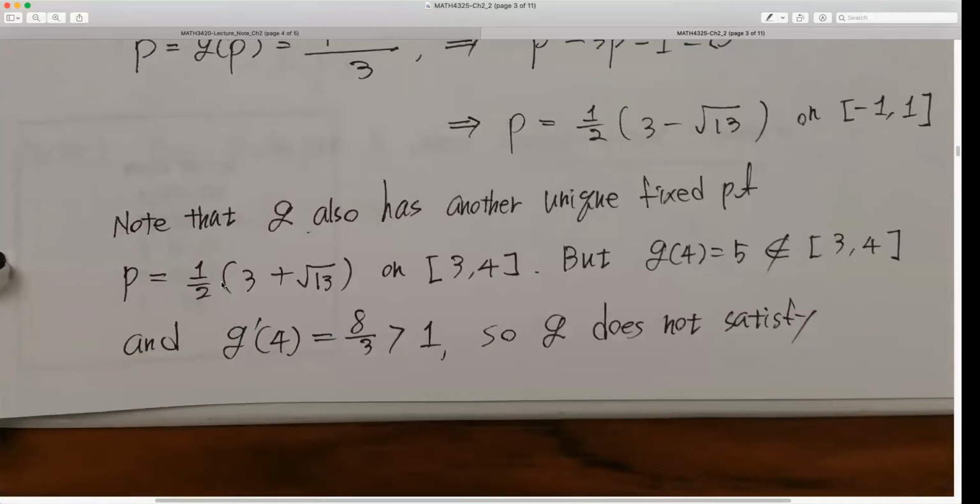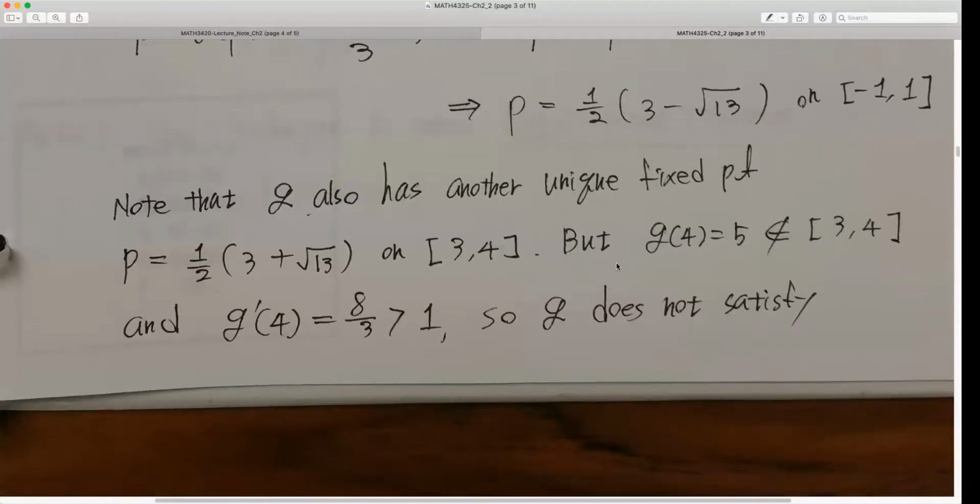But you see that 1 half times (3 plus square root of 13) is not in negative 1 to 1. Instead, it's in the closed interval 3 to 4.